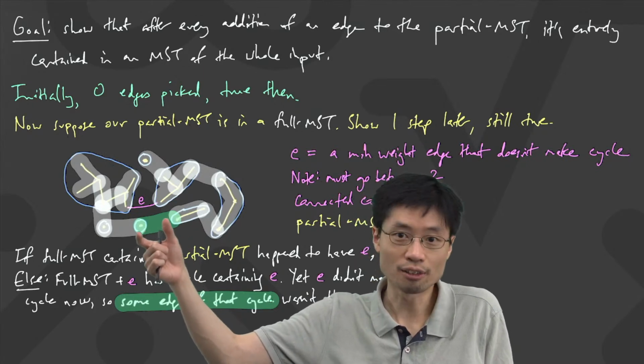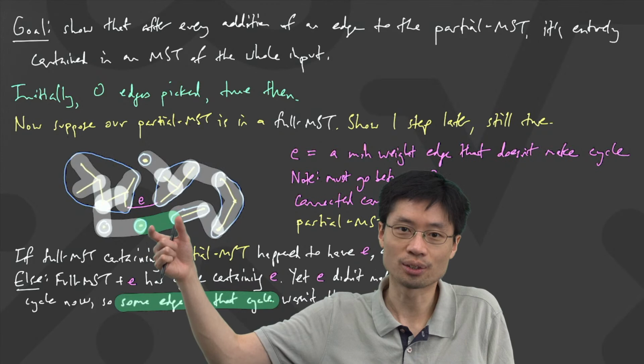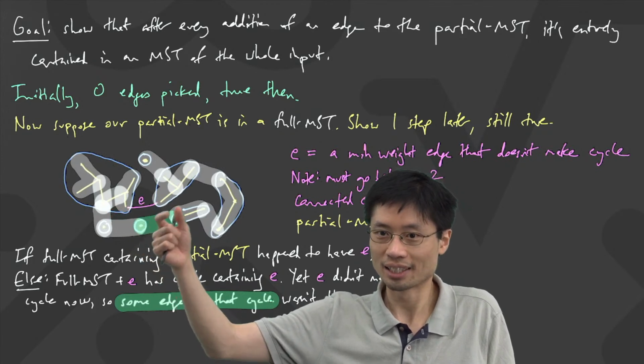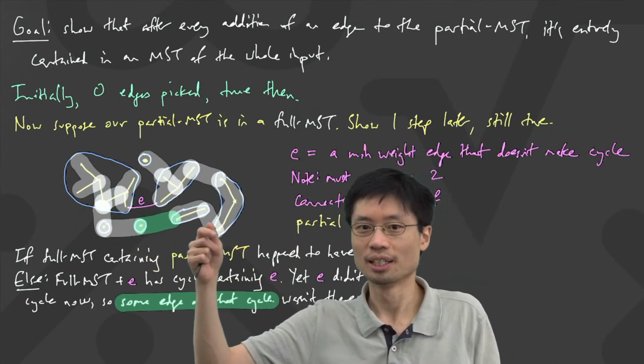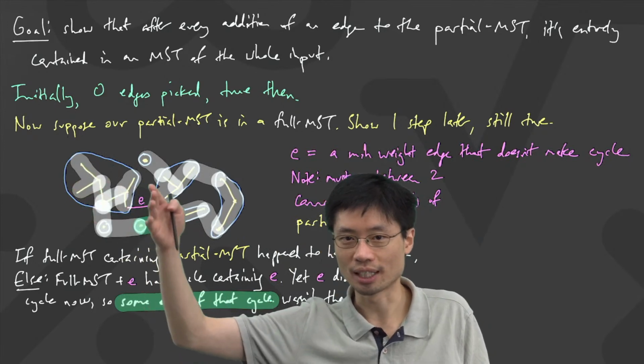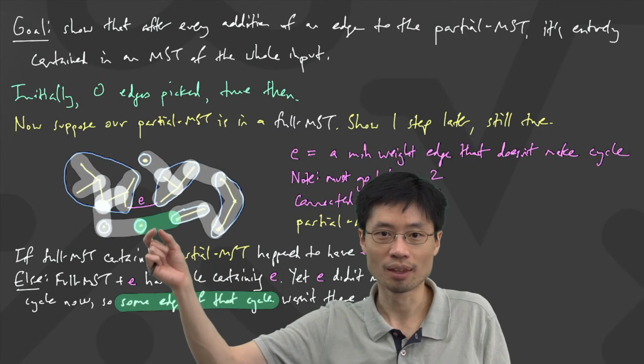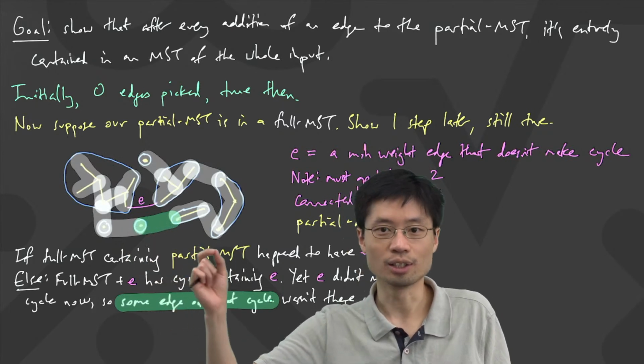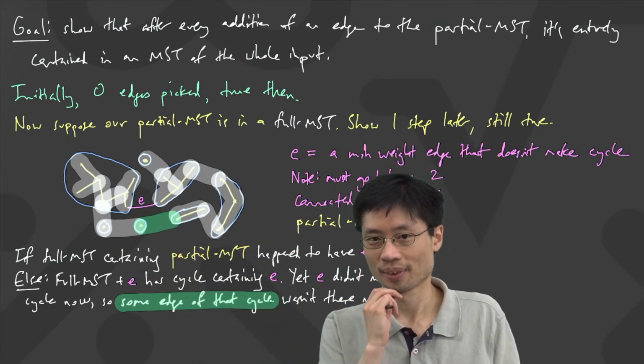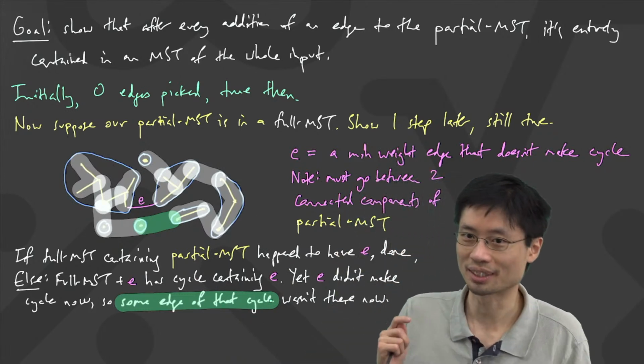And we'd like to say, therefore, that means the green thing has a higher or equal weight to the E. And so the piece I need to establish now is, why is it true that at the time of the yellow graph, at the time of the yellow edges, adding the green thing would not have made me a cycle? Because if I have that, then I'll get what you just said. Braden.